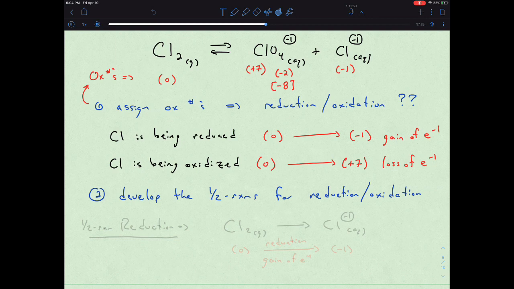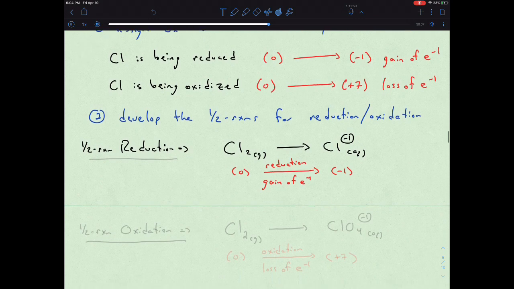So if we start with the reduction, we'll be looking at the chlorine going to chloride, starting with that 0 oxidation number and going to -1. So that is our reduction. That's our gain of electrons.